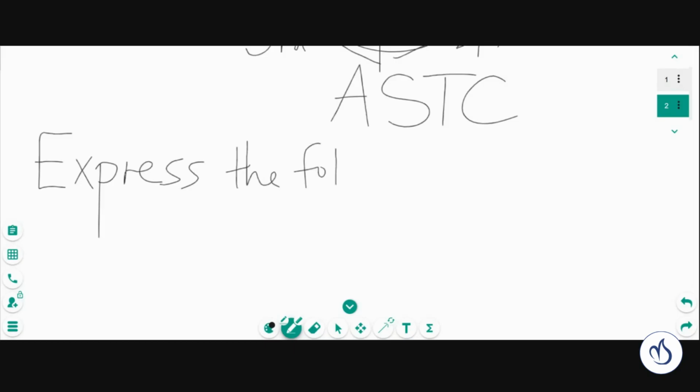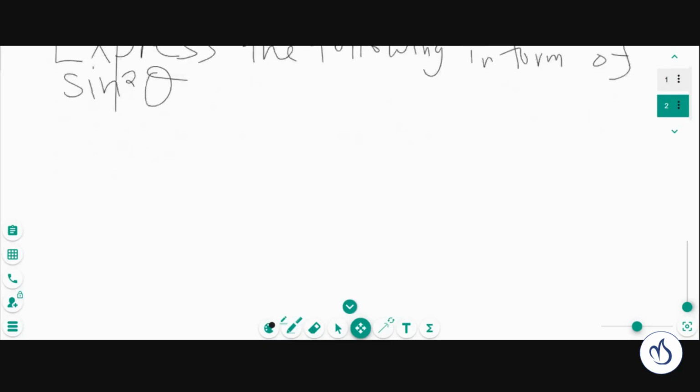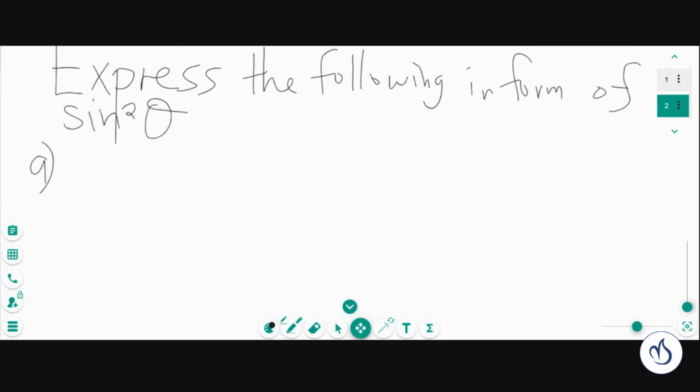Express the following in form of sine squared theta.